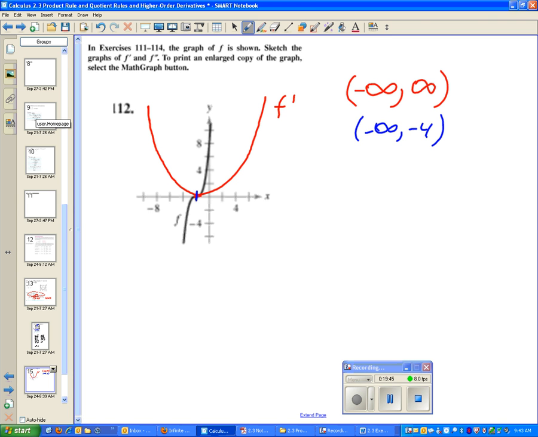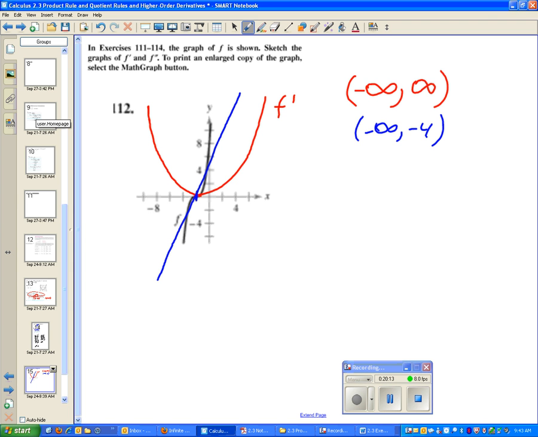And then f prime's increasing again. So then what would f double prime be? Positive or negative? Positive. So it needs to be negative to the left of -4, 0 at -4, and positive to the right of -4. Does that do it? Oh, yeah. That does it.